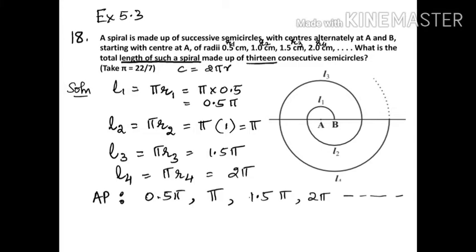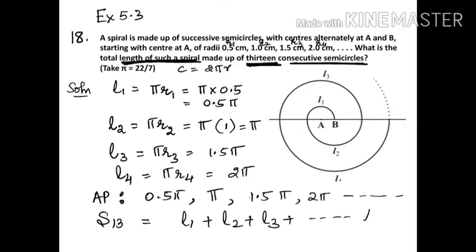There are going to be 13 terms in this AP because it is given that this spiral consists of 13 consecutive semicircles. So to get the length of the spiral, we have to add all 13 terms of this AP: L1 plus L2 plus L3, and so on till the 13th term.